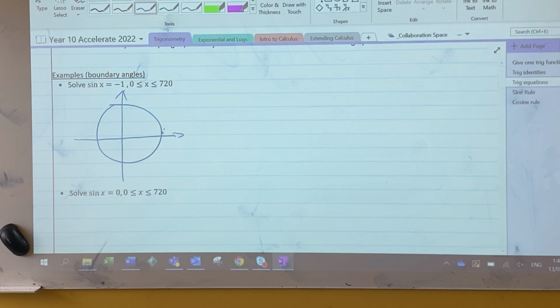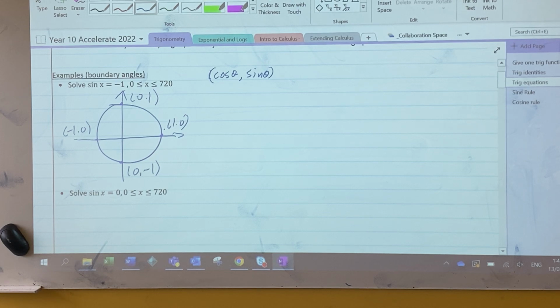The intercepts I've got here are (1, 0), (-1, 0), (0, 1) and (0, -1). And last lesson we said the coordinates are represented as cos theta, sine theta. Remember that?